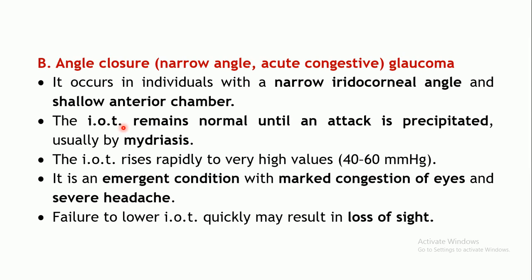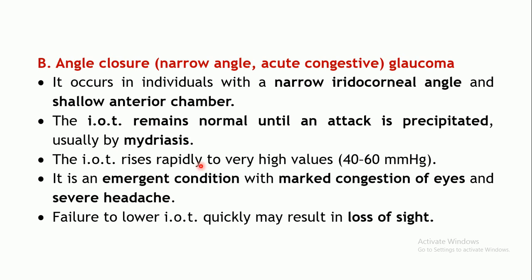Now unlike open angle glaucoma, here the intraocular tension usually remains normal. But when an attack gets precipitated, usually because of mydriasis, it may result in a sudden rise in the intraocular tension.